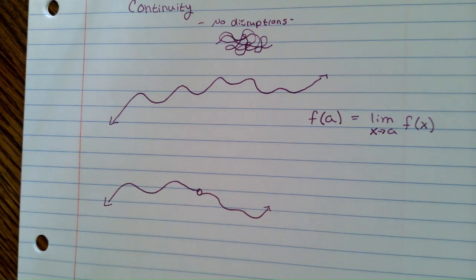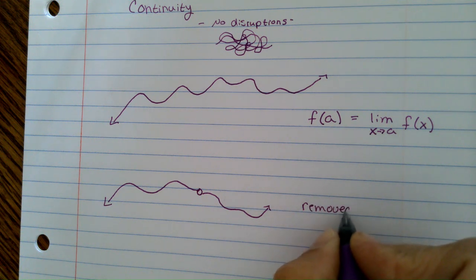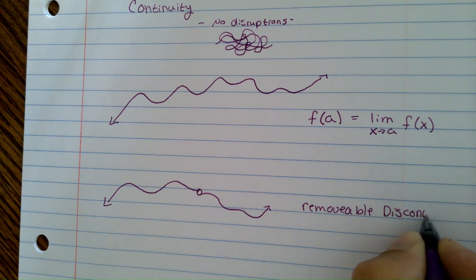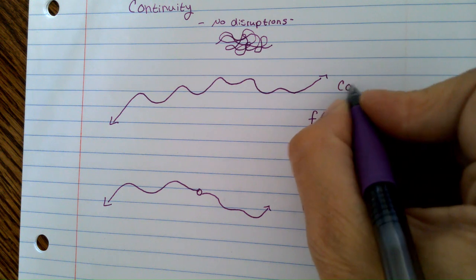So here we see a function with a removable discontinuity. This one was continuous, right?